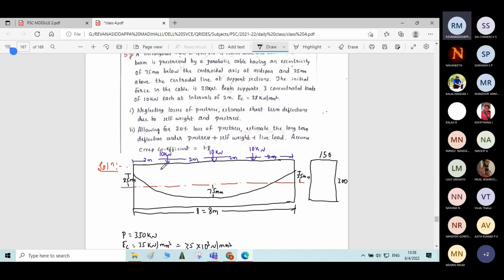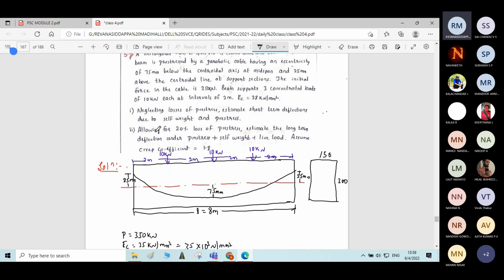Now initially we will solve the first problem, neglecting the loss of pre-stress, estimate the short-term deflection due to self-weight and the pre-stress. Means we have to find initially the deflection due to self-weight, then deflection due to pre-stress individually. Adding together we will get short-term deflection. Correct?